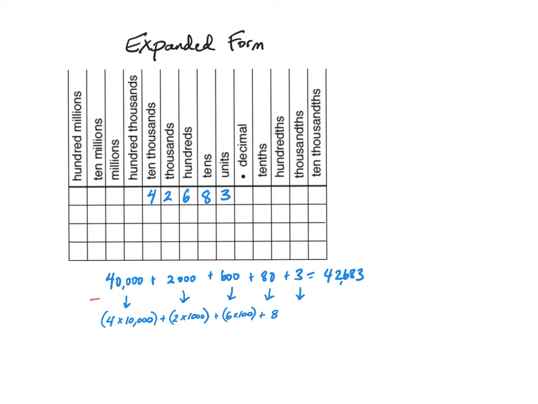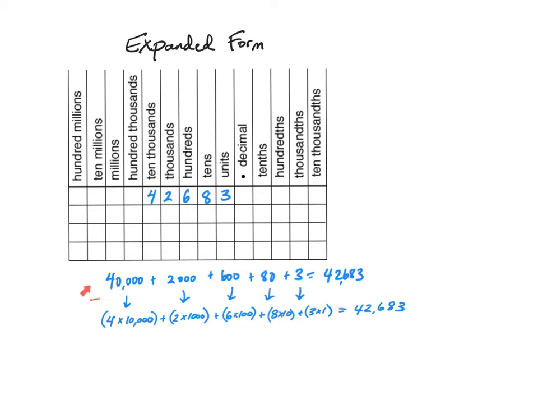The 8 is 8 tens. And the 3 is just 3 ones. Again, altogether I have 42,683. So when I'm doing expanded form using powers of 10, I'm taking my digit and I'm multiplying it by its place value: 4 10,000s, 2 thousands, 6 hundreds, 8 tens, and 3 units, 3 ones.